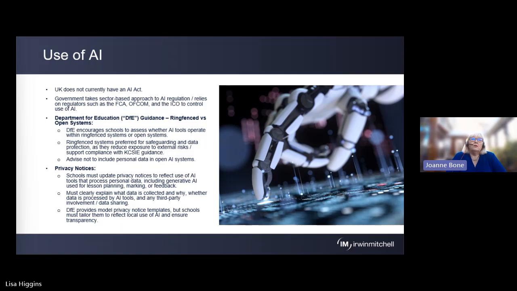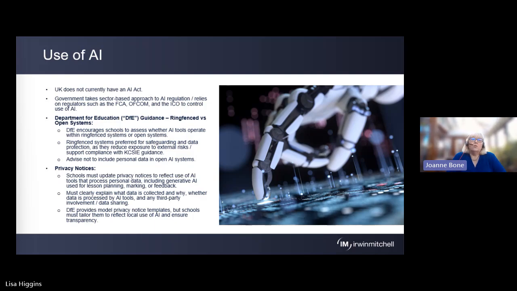The other thing that the DFE is keen on is clarity and transparency, and that's also a watchword from the ICO. By transparency, that essentially means the use of privacy notices and being very clear in a privacy notice about what AI tools are being used, what personal data is going into them, and how they are used. For example, are you using it in the classroom? Are you using it for lesson planning, things like that? Is personal data going into it?